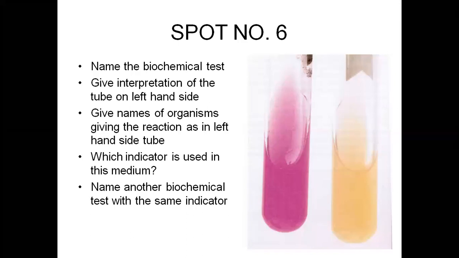We are differentiating which bacteria consume urea and break down that urea because of production of urease. So actually we are differentiating urease positive bacteria from those which are not producing urease.